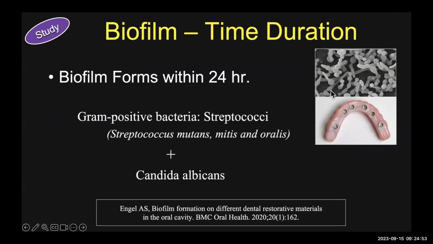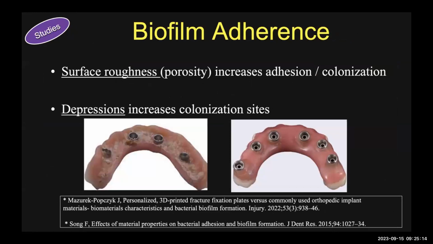Biofilm forms within 24 hours. The most common supragingival bacteria are gram-positive streptococci. They also colonize Candida, so we get fungal growth on these too, which complicates the situation. If this is not removed, it leads to peri-implant disease.